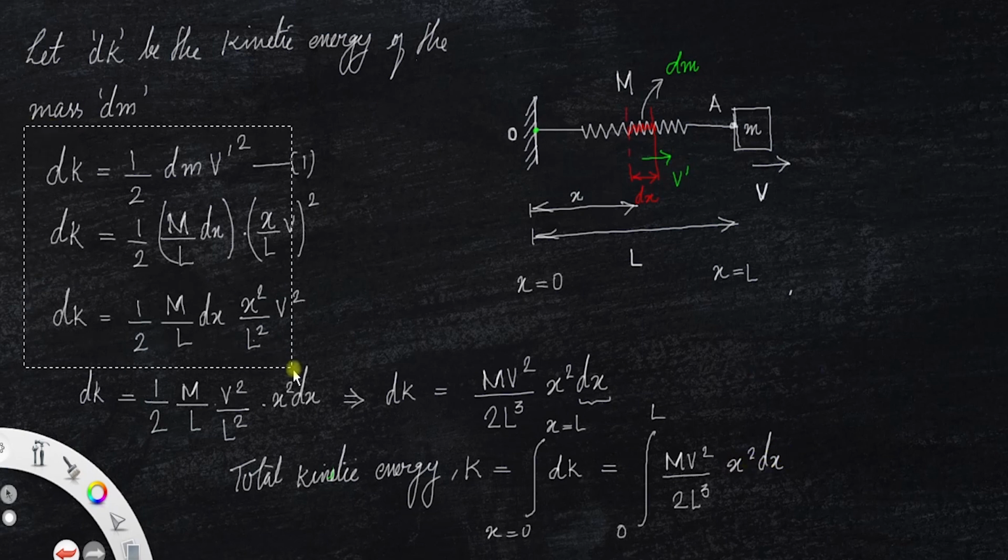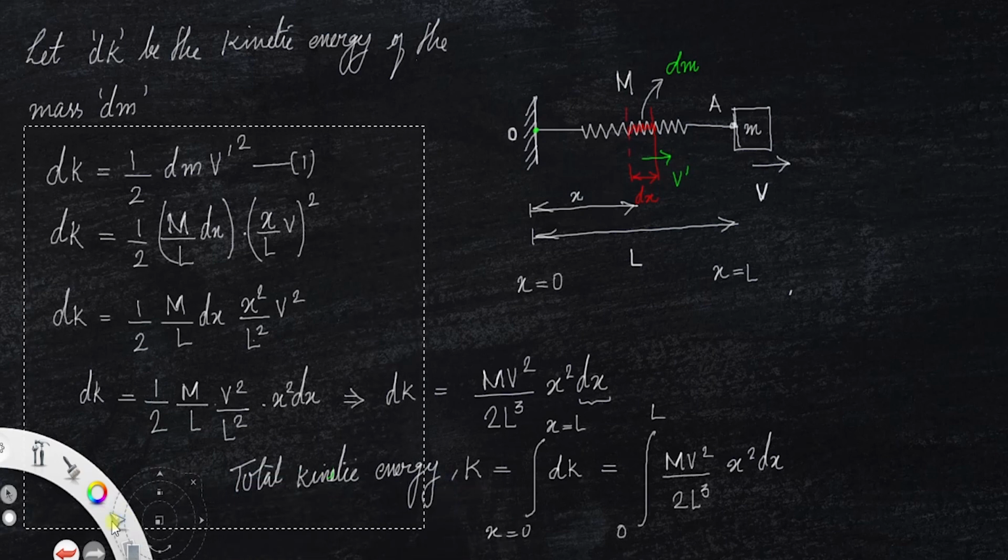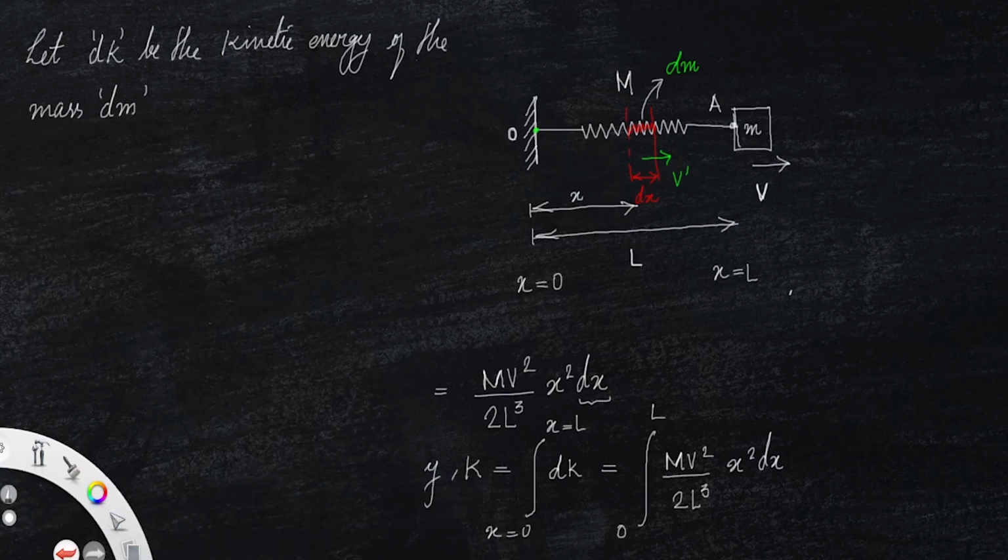And all these values, that is m v square by 2L cube, are all constants. So you can take that out. So this will become m v square by 2L cube times the integral 0 to L of x square dx. This is equal to m v square divided by 2L cube.